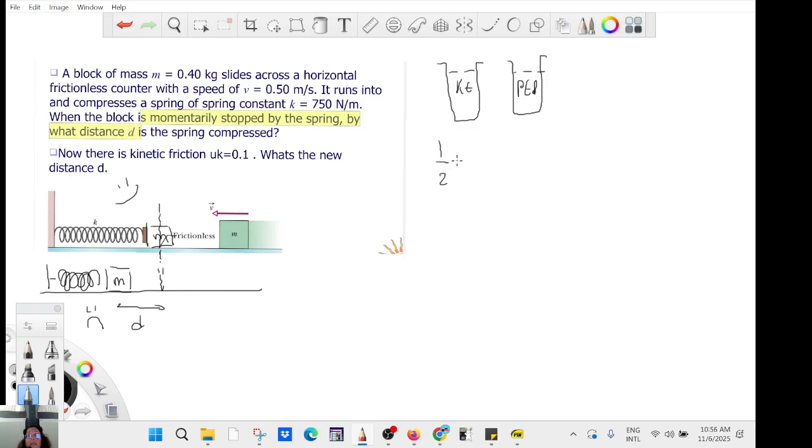So 1/2 kinetic energy, the mass 0.4, the speed 0.5 squared, equals elastic: 1/2, the spring constant is 750, and d squared. So what do you get?